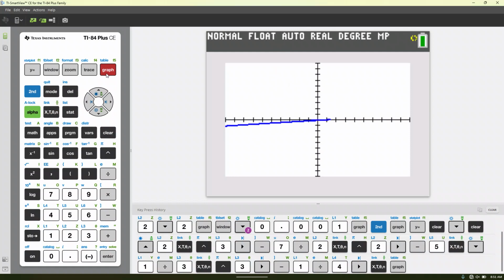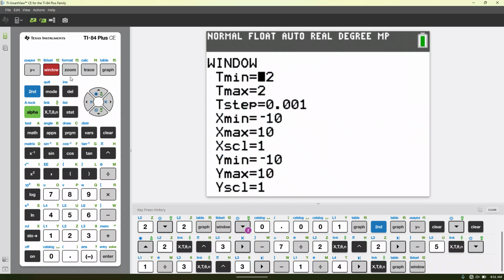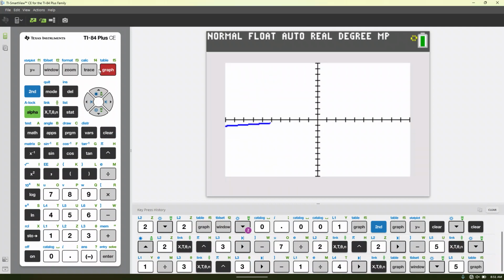It's giving me the entire graph. Let me maybe add a larger interval for t, maybe -2 to 5, to get a better picture. It's a little slow because it's still using the t step from the previous exercise, which is actually going to help us a lot to keep looking at the direction.